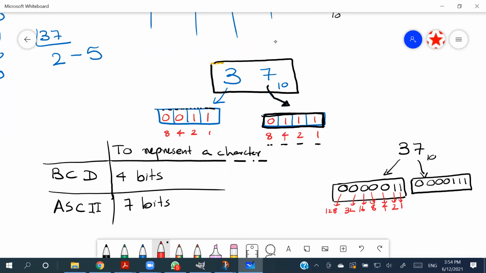So 128 different characters can be represented using these 7 bits. But our code is getting longer. Earlier a character was represented by 4 bits, now it is represented using 7 bits.